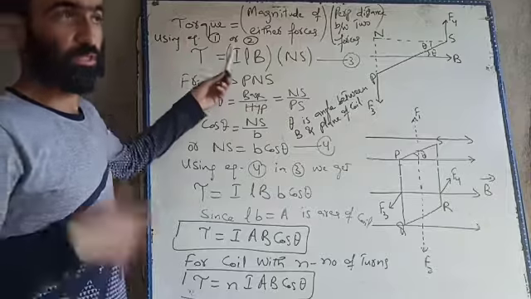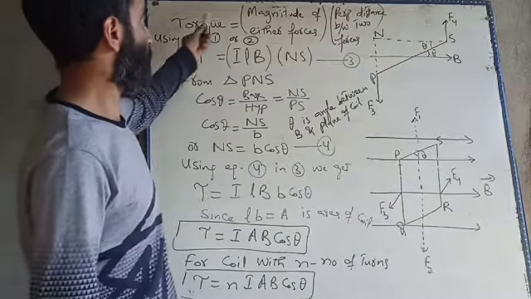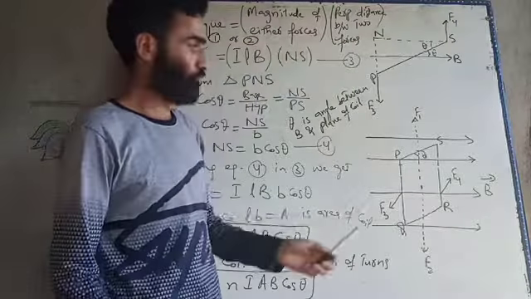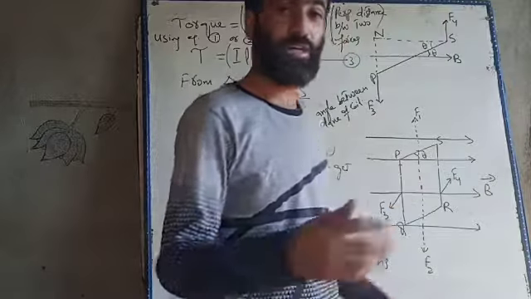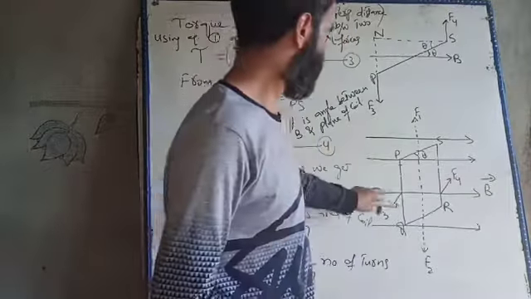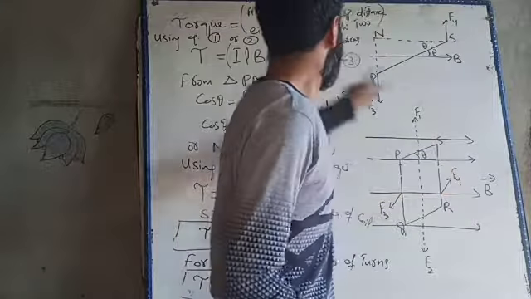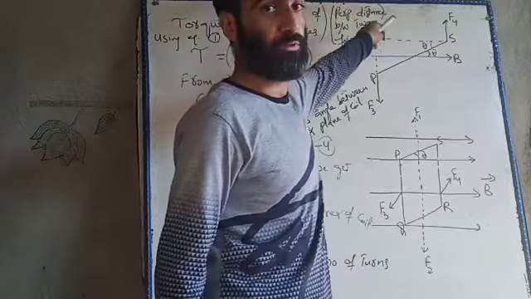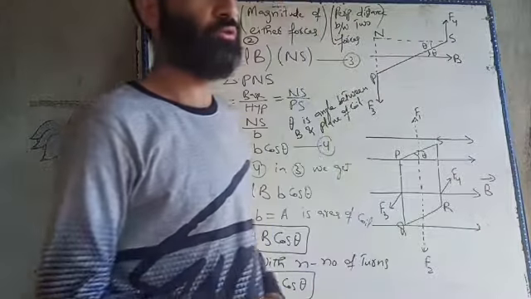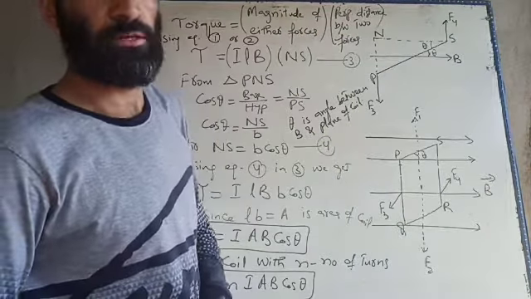Now the mathematical relation for this torque is the magnitude of either force into the perpendicular distance between the two forces. The two forces which developed and gave the torque are F3 and F4. You would have studied this in the 11th class also.